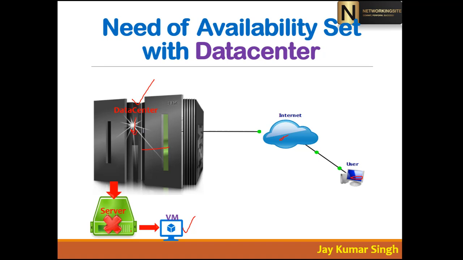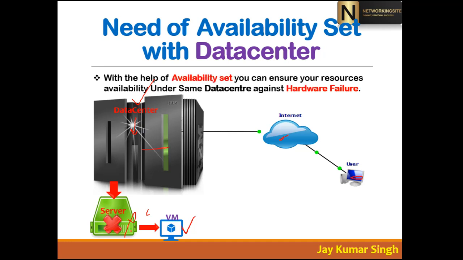If a single piece of hardware fails for some reason, availability sets will provide you functionalities where you can provide high availability for your VMs. With availability sets, you can ensure your resources' availability within the same data center against hardware failure.